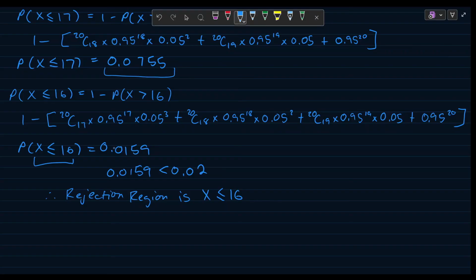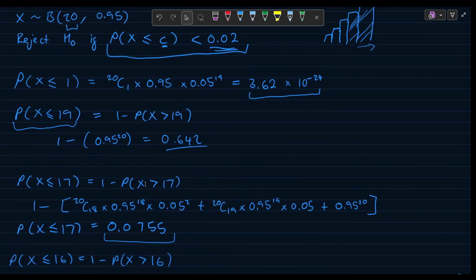Then we went to 16 and got a value just within our significance level. This method we use to find our rejection region is called trial and error, where you keep evaluating probabilities until you get the critical value that gives you a probability less than your significance level.